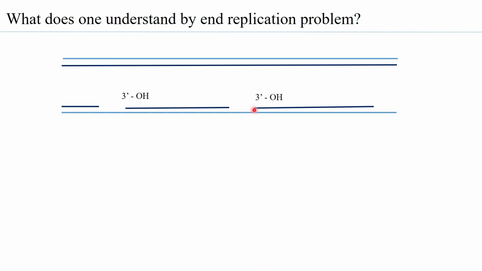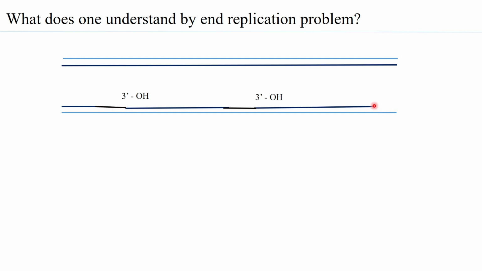The same is considered over here. You have these gaps where you had originally the RNA primers being filled up by the DNA polymerase. But at this end, the DNA polymerase does not find a 3' OH group. In both these cases, because DNA polymerase could use a 3' OH group which is present over there, it could extend the DNA and fill up the gaps.